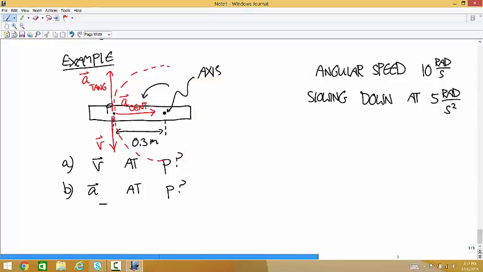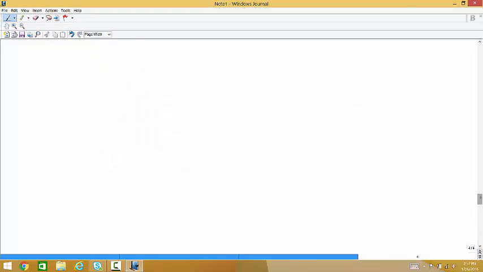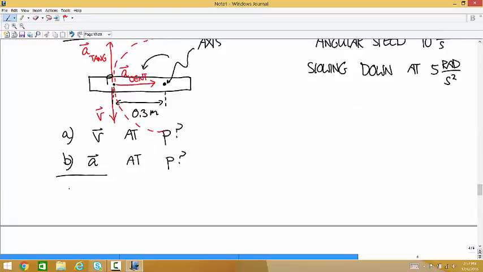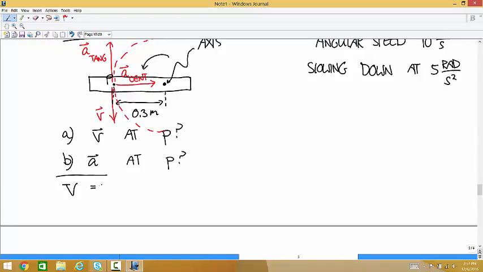So first, the velocity vector. How are we going to calculate the velocity vector? Yeah. So the speed is equal to the absolute value of the angular velocity times r.